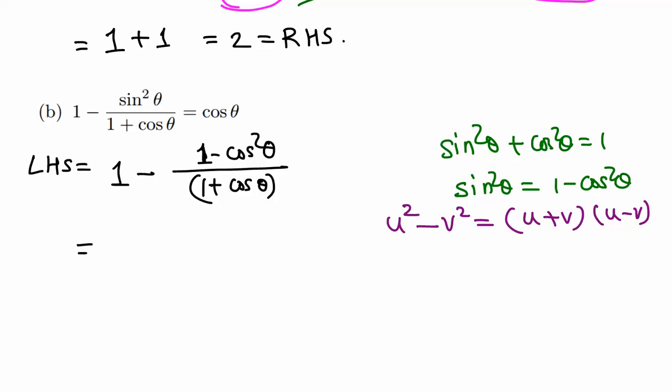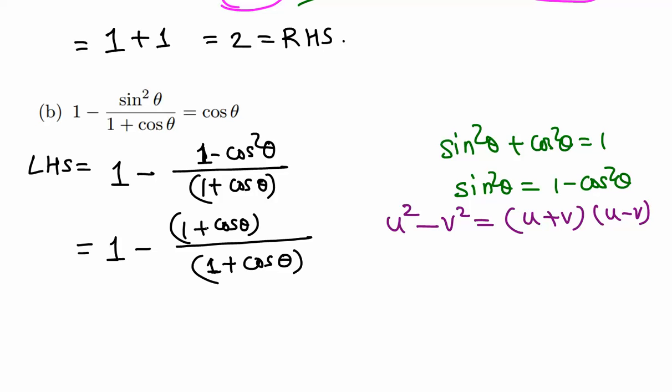Let's do that. 1 minus, 1 plus cosine theta on the bottom, and the top is now a difference of two squares using this formula: 1 plus cosine theta, like u plus v, and 1 minus cosine theta.